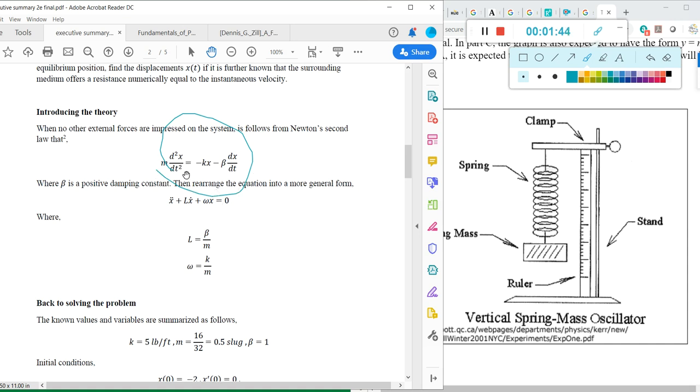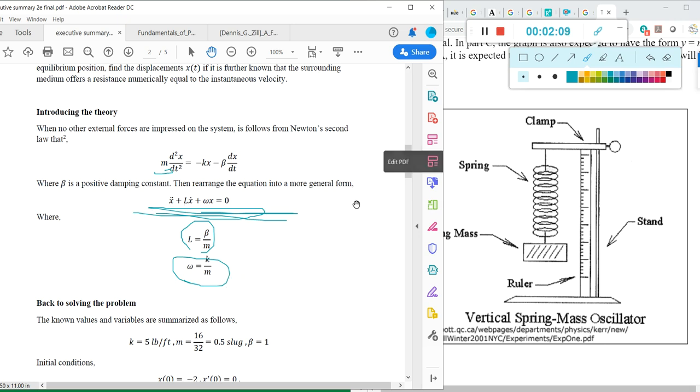Basically, we divide the entire equation by m. So beta divided by m becomes L, k divided by m becomes omega. So this is the general form. I don't know why they do it. It's just what the textbook says.